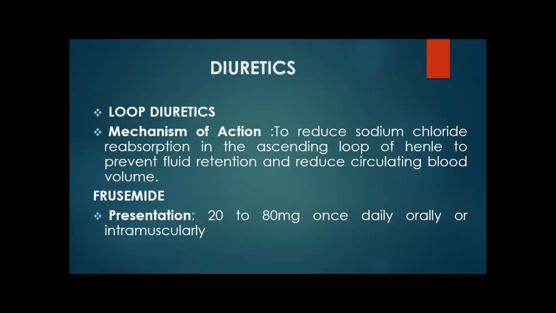So the mechanism of action: to reduce sodium chloride reabsorption in the ascending loop of Henle, to prevent fluid retention and reduce circulating blood volume. So the loop diuretics, to be specific furosemide, reduce sodium retention, and then prevent fluid retention and reduce the circulating blood volume by increasing urine output.